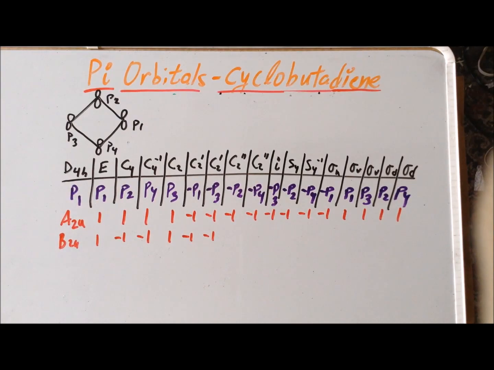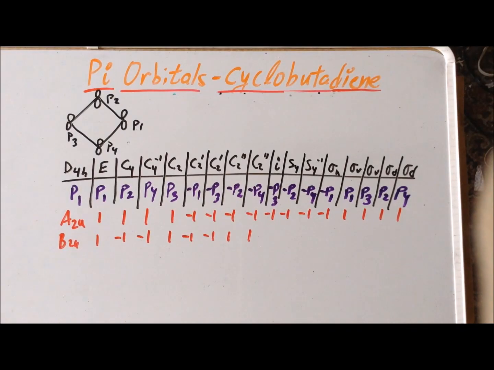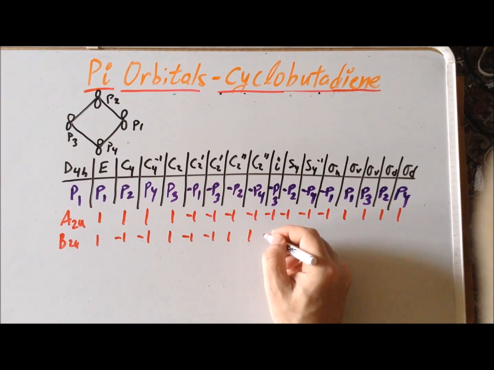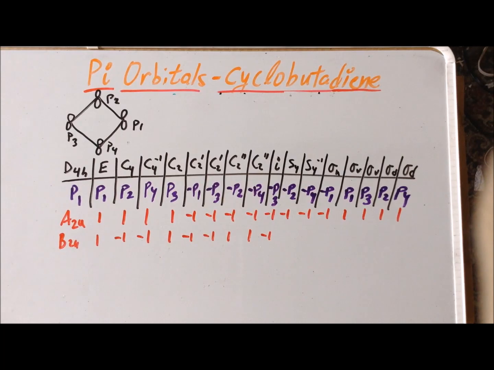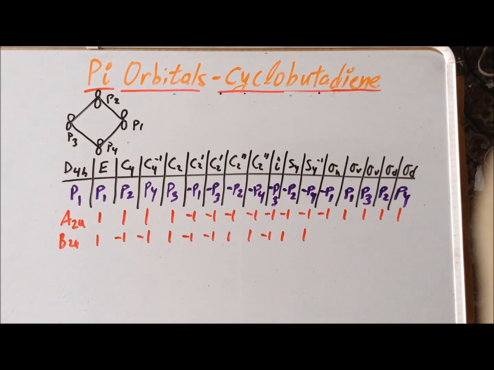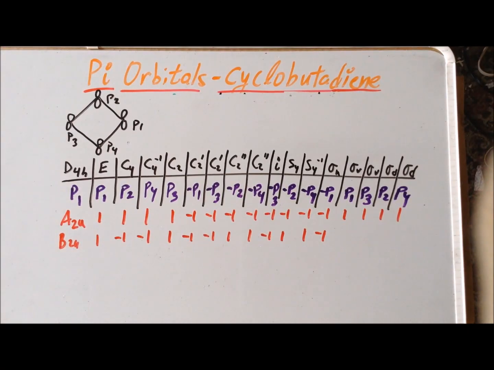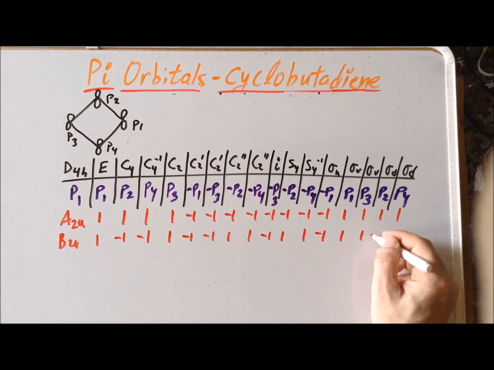The character for C2 double prime is +1. For the inversion, the character is -1. For the S4s, the character is +1. For sigma H, the character is -1. For sigma V's, the characters are +1s. And for sigma D, the characters are -1s.